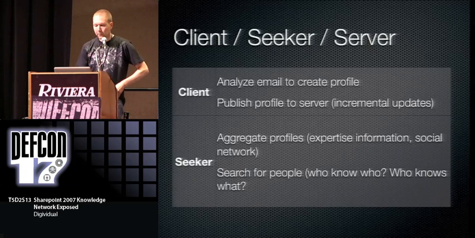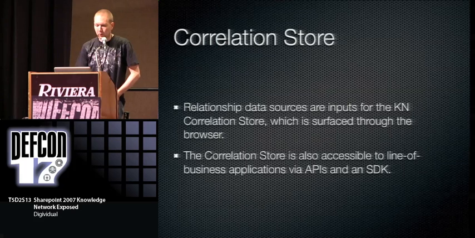The Seeker will aggregate profiles and try to discover who knows what, when, why, and so forth. The relationship data sources are input for the Knowledge Network Correlation Store, which is the Seeker, which is surfaced through the browser. You can actually go through the API for this and develop your own custom solutions based on the data that's stored in the correlation store.